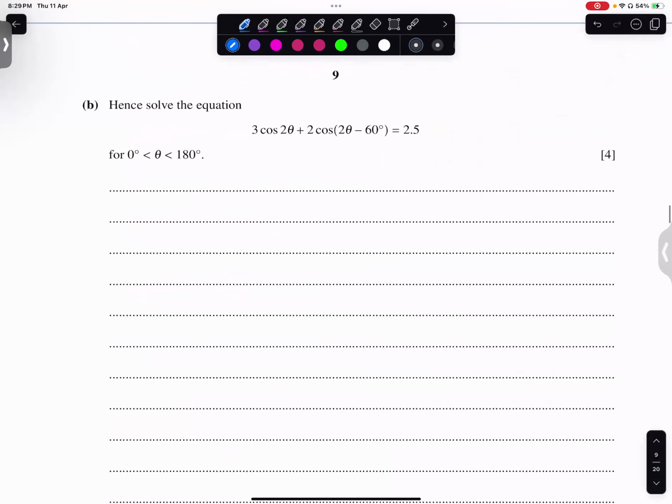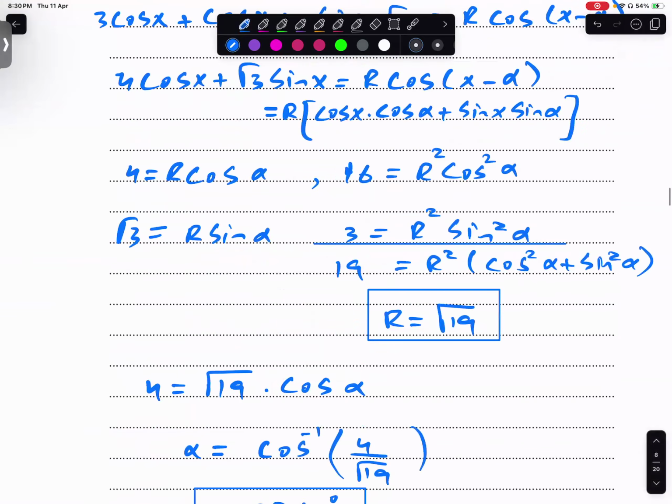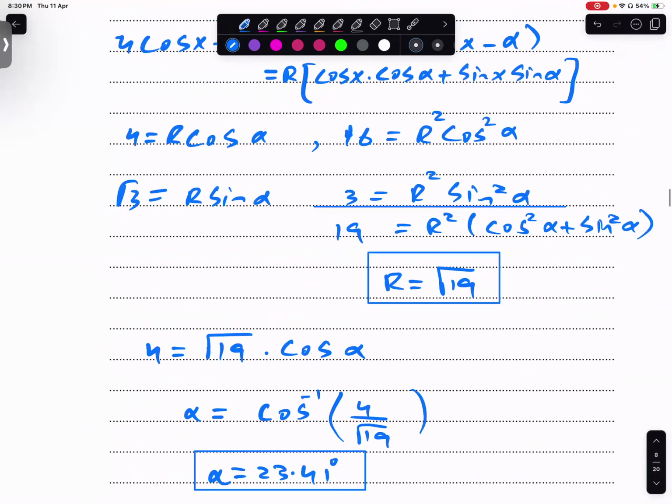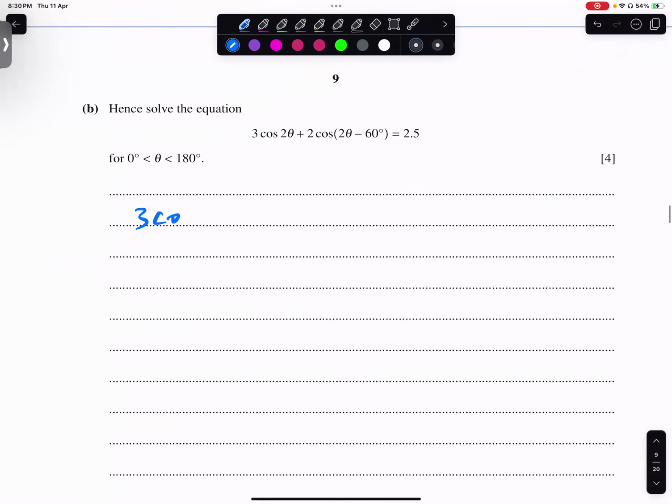Next question is, hence solve the equation. Students, we have just shown from the previous part that 3 cos x plus 2 cos (x minus 60) is equal to root 19 cos of (x minus alpha).